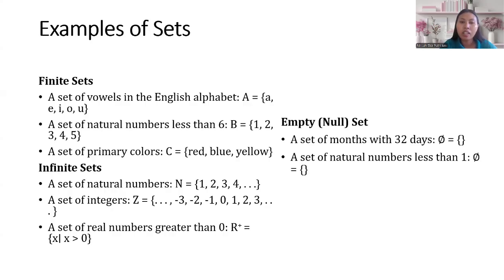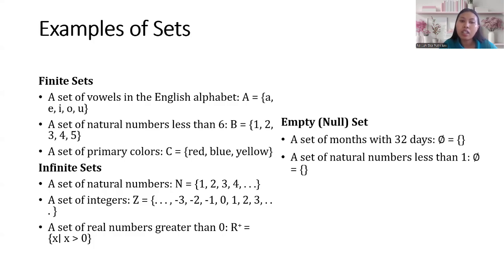The next is the infinite set. A set of natural numbers N is the set {1, 2, 3, 4, and so on}. Next, we have the set of real numbers greater than 0, and R plus is the set of all x such that x is greater than 0.